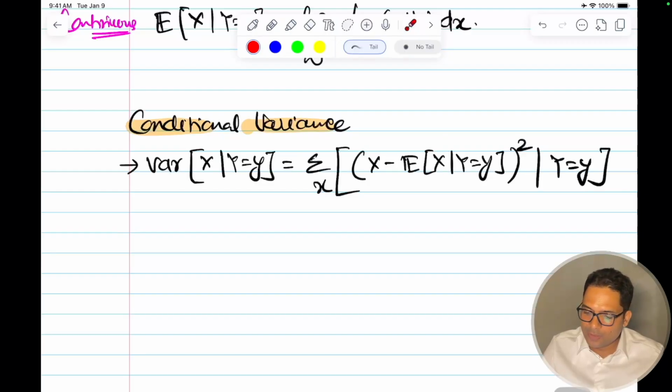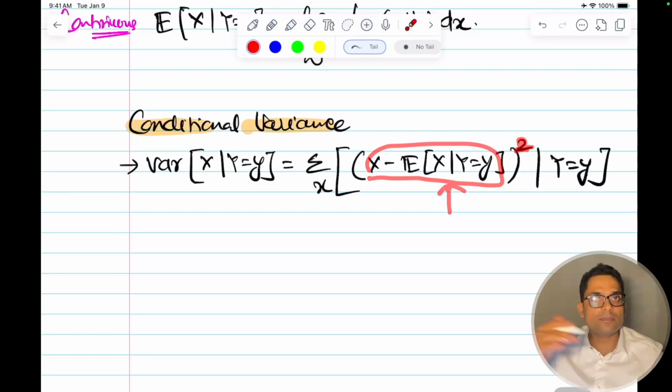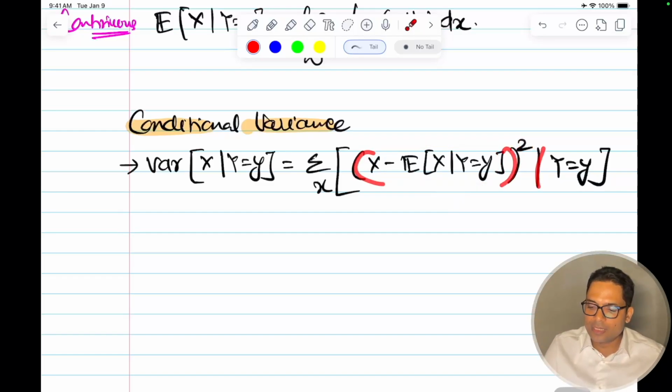How do we read it? This is your conditional expected value, your conditional mean, and these are all the points over which I am summing. So the distance from the mean, squared, is the square of the distance from the mean given Y equal to y, that y has already happened. This is how you read it.